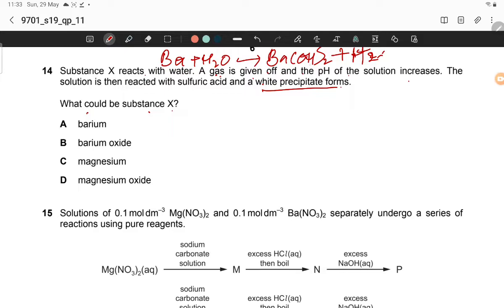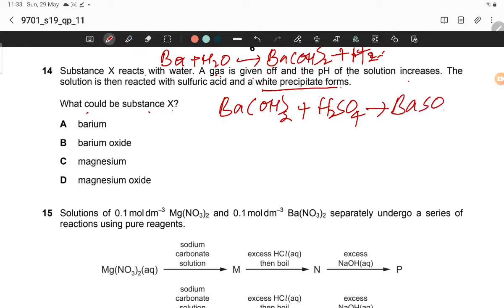The solution is then barium hydroxide, which reacts with dilute sulfuric acid to form barium sulfate, a white solid precipitate, plus water.